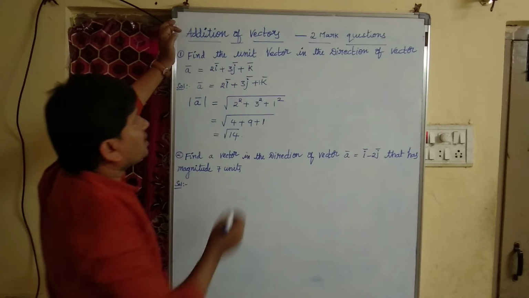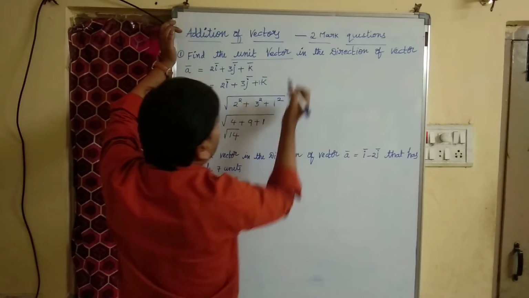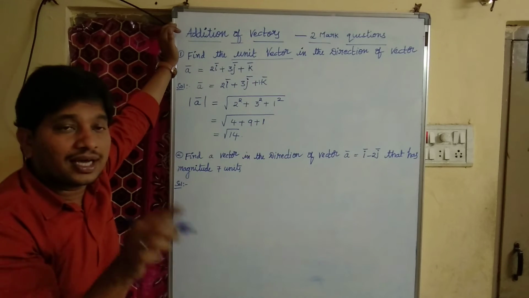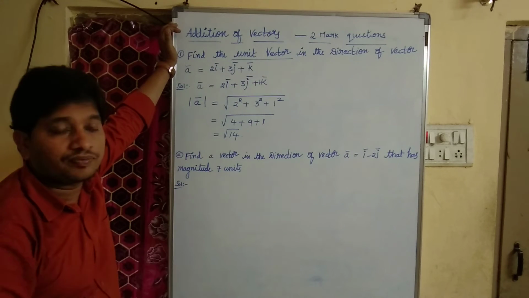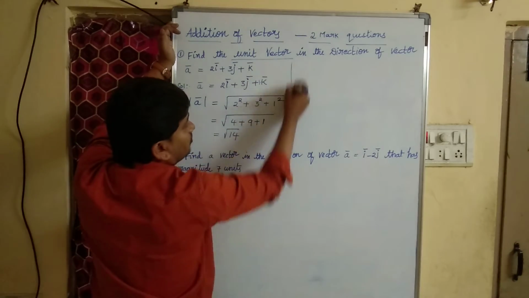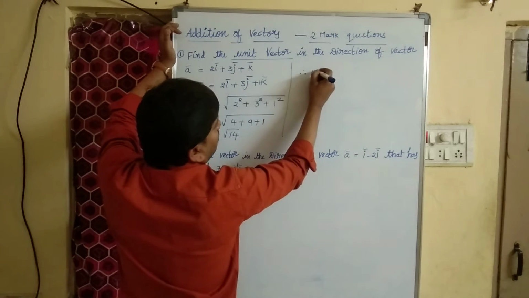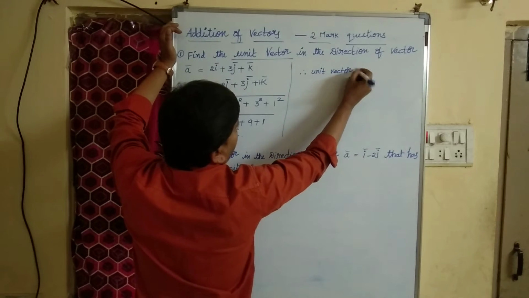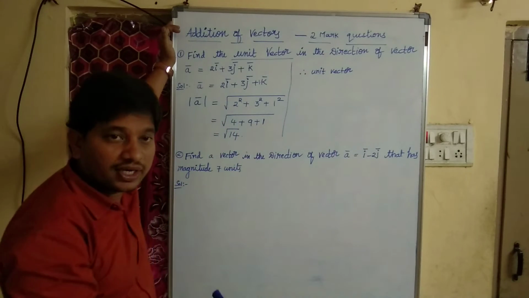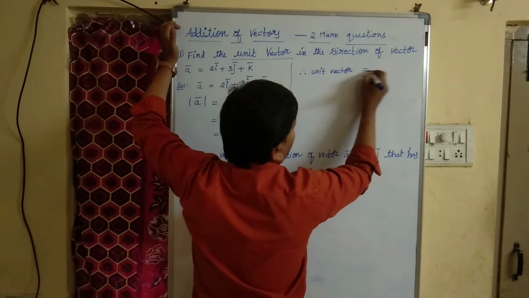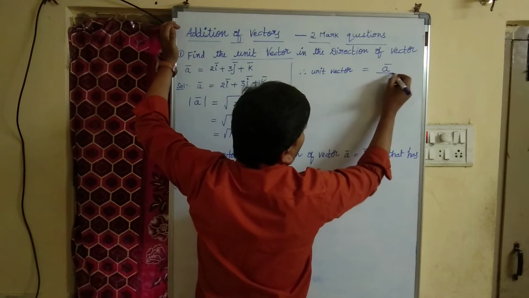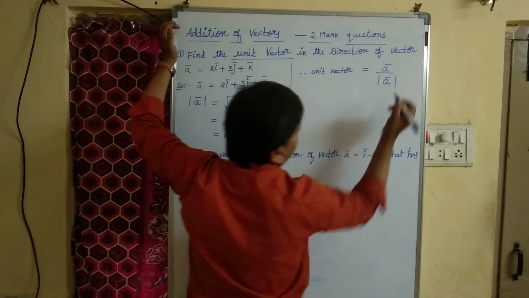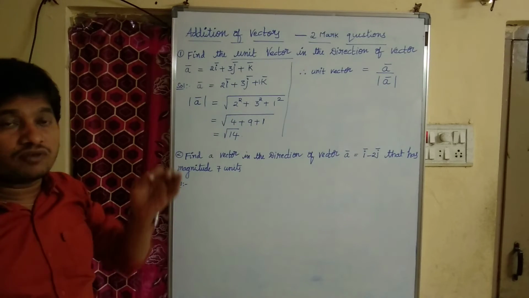So children, listen here carefully. They are asking to find out unit vector in the direction of a vector a bar. The formula is: unit vector in the direction of vector a bar is a bar by modulo of a bar. So which is an important formula?